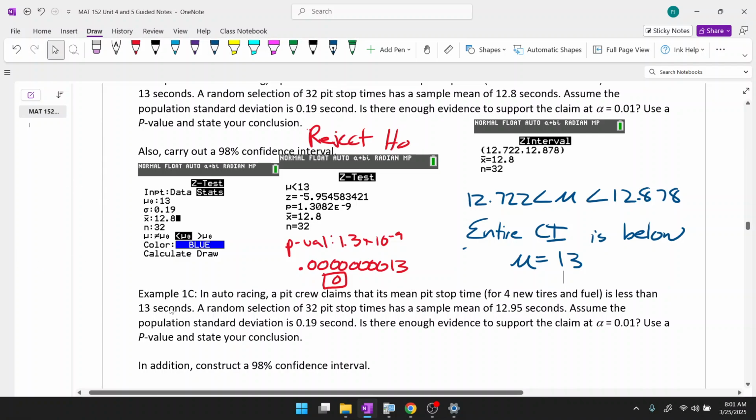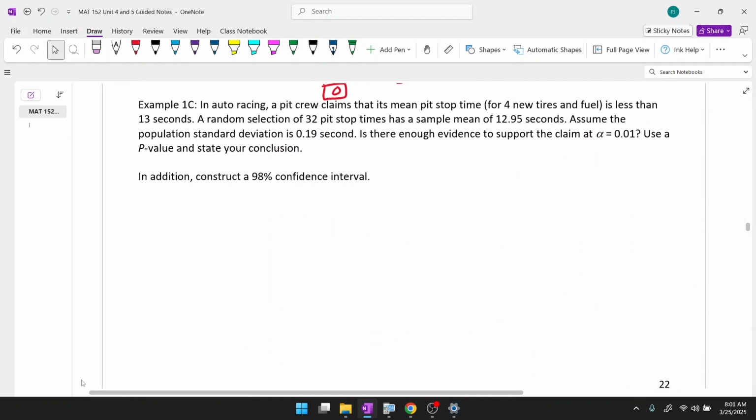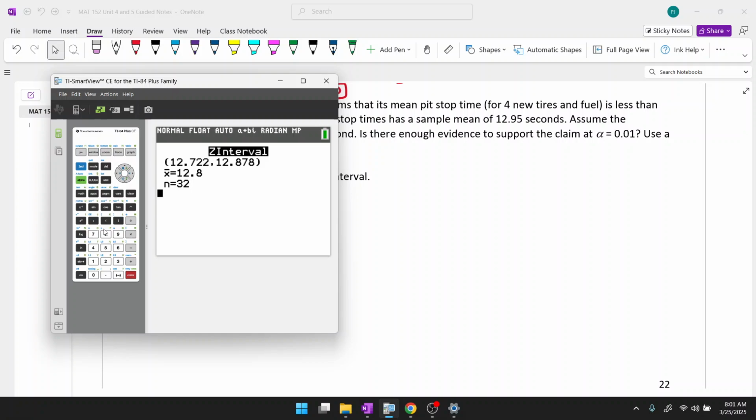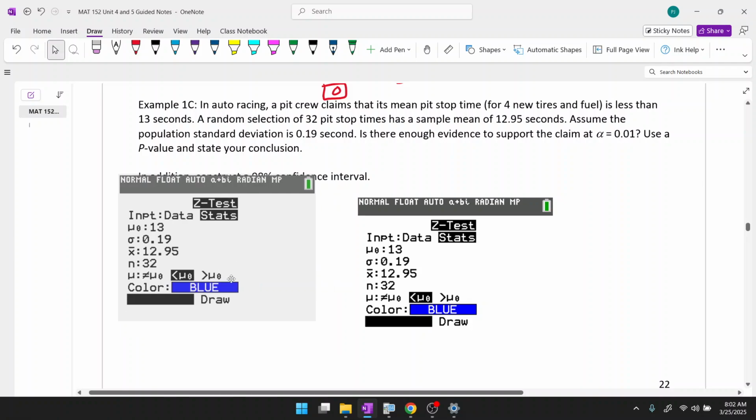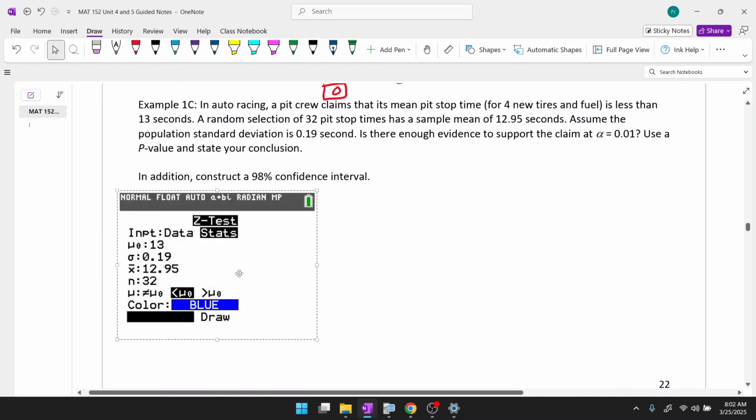So what we'll do now is the last part of this, where we'll change this to a sample mean of 12.95. So when we get 12.95, I believe we're going to fail to reject the null. In that first part, it was a no decision.